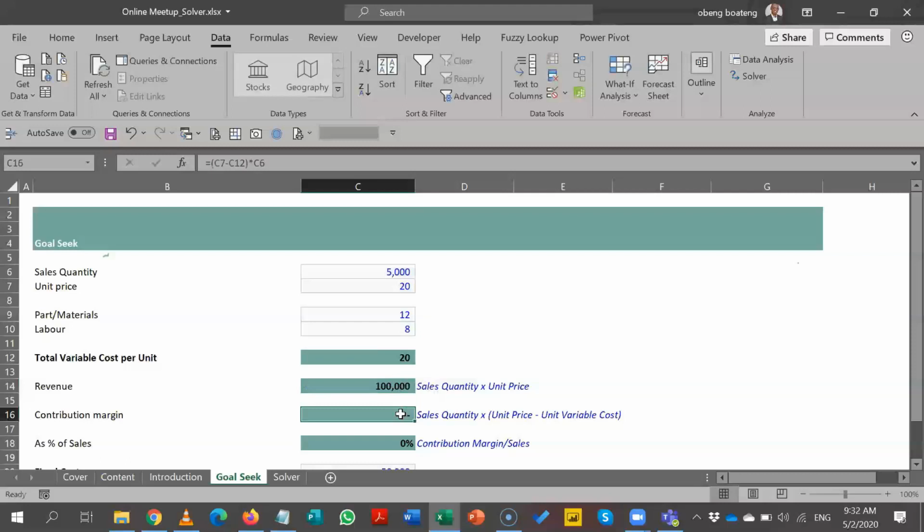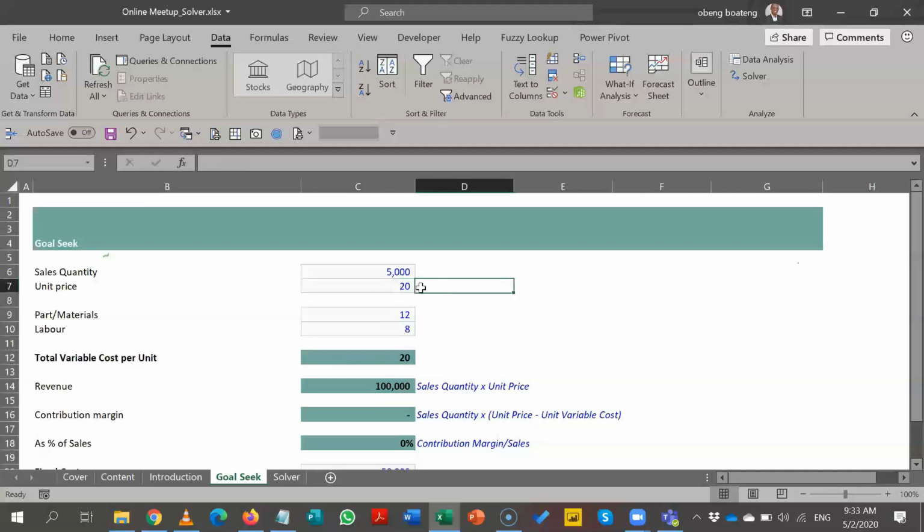Now, my contribution margin in simple English is anything in excess after I have taken away my variable cost. If you look closely, you realize that this business is not giving us any contribution because the total variable cost, what it takes to produce, and how much we are selling it is the same.